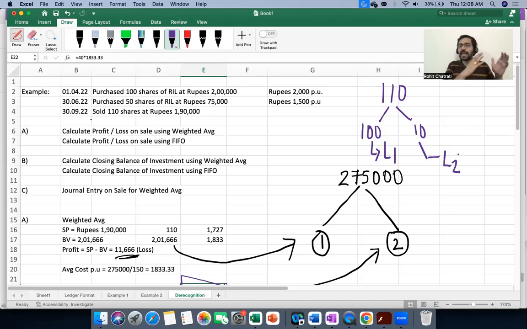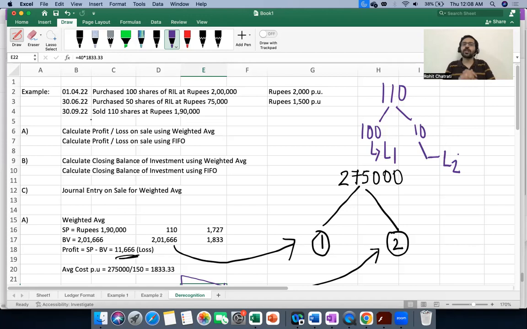Now, if the entire lot 1 has been sold, then for the cost of investments of these 100 shares of lot 1, you do not have to do any average cost calculation. You already have it, because the 100 shares of lot 1 were purchased at 2 lakh rupees.